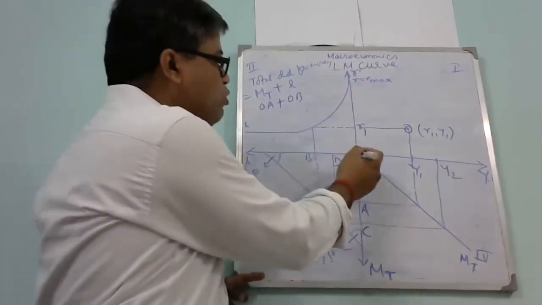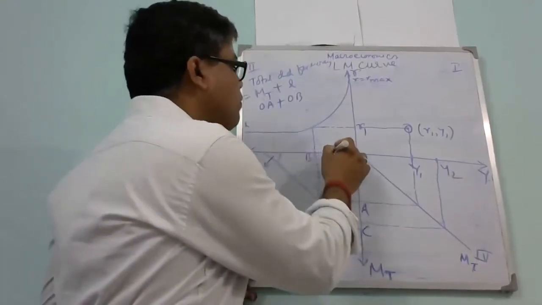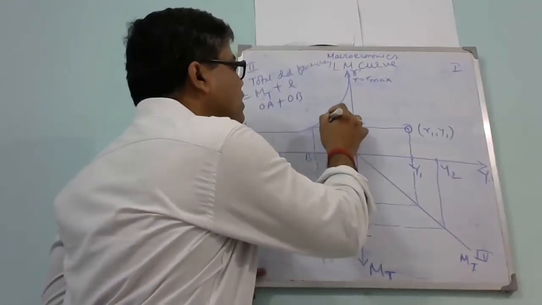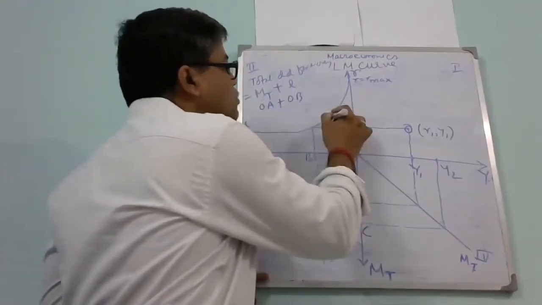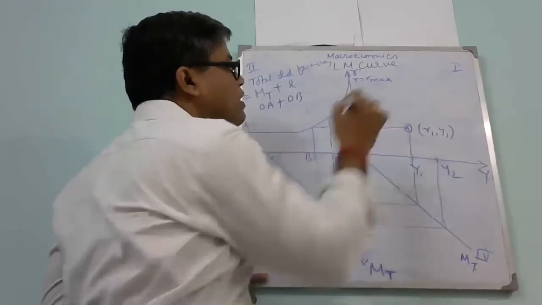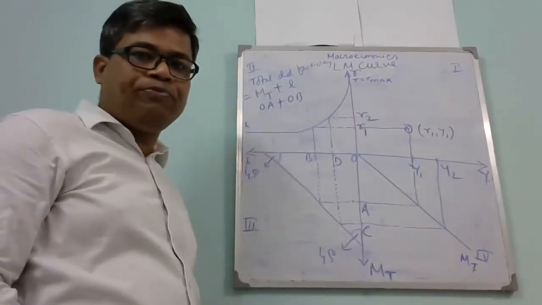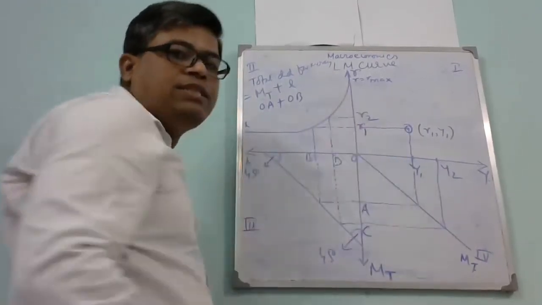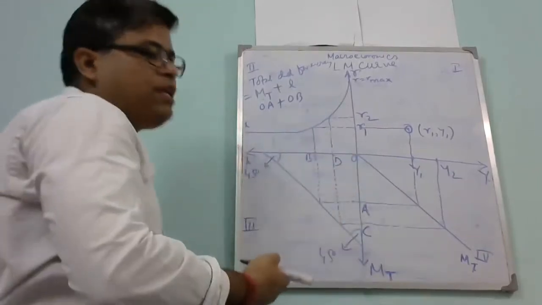Now for OD amount of speculative demand, how much is the rate of interest in the market? We move upward, and the rate of interest will be R2. So the rate of interest increases; there is an inverse relation.